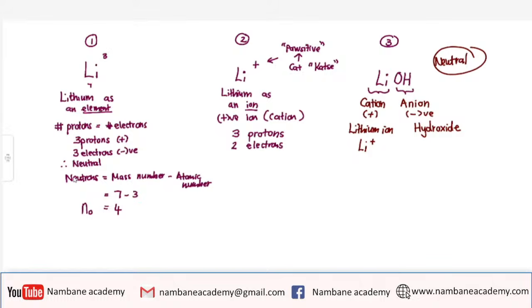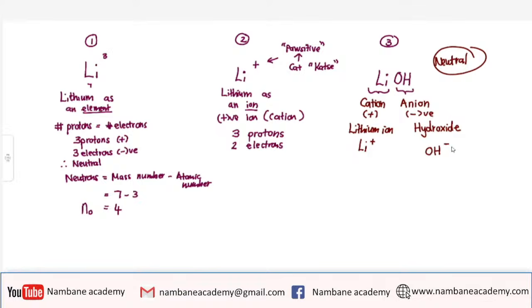So because it is neutral, it means same as the element, the positive and the negative are equal. So if it has a positive lithium ion, then it means that the hydroxide is negative. So whichever compound, I'm going to make more examples now, whichever compound you get, the front part is your positive cation, and then the back part is your negative anion.